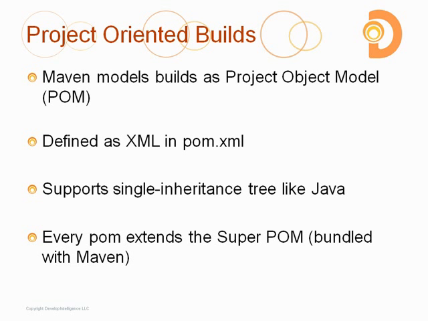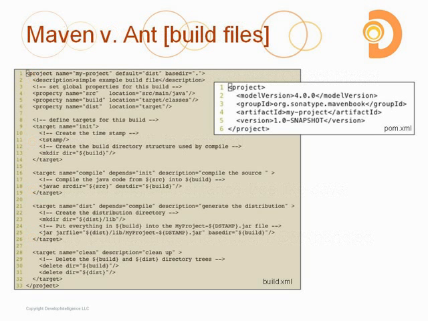Okay, so let's quickly look at the difference between Ant and Maven. And again, maybe this is poor on my end, but I've assumed that if you're a Java developer, you have to be familiar with Ant. What you'll see in front of you here are two examples.